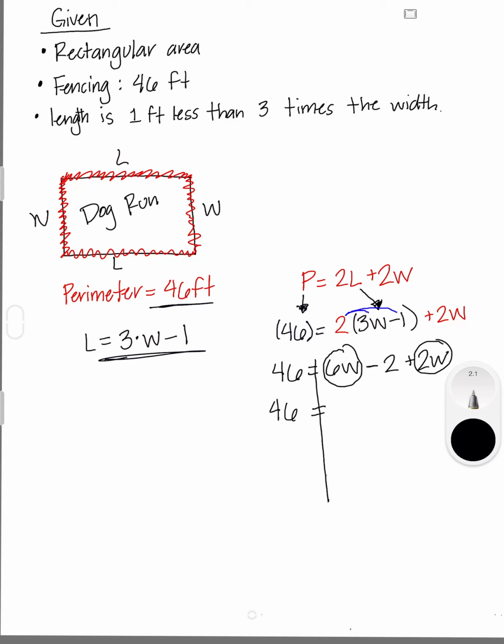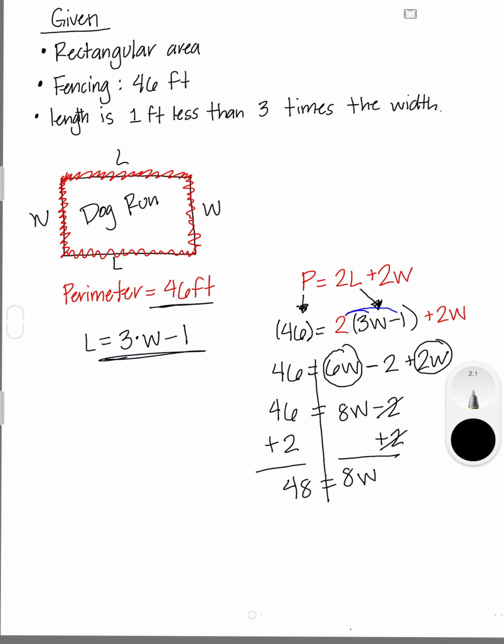This is going to give us 46 equals 8W minus 2. Now I want to solve for W, so I'm going to get rid of the 2 by adding. So plus 2 on both sides. The 2's are going to cancel out on the right. And it's going to give us 8W equals 46 plus 2, which is 48.